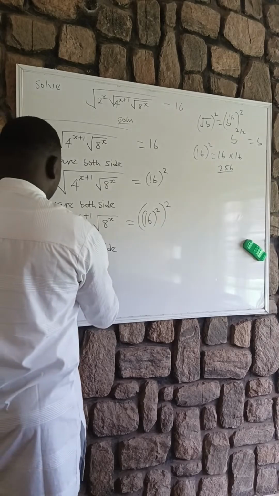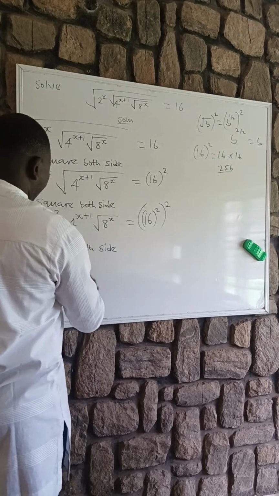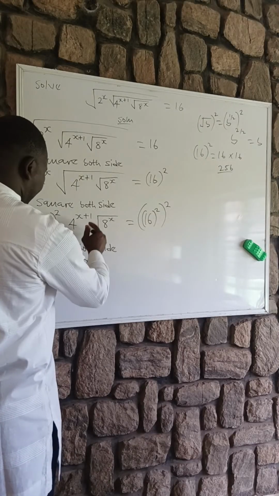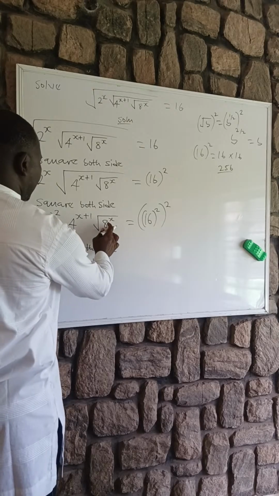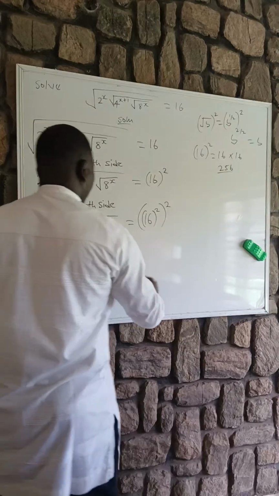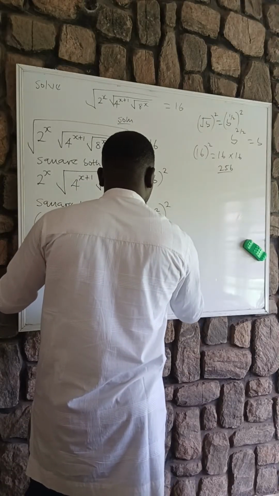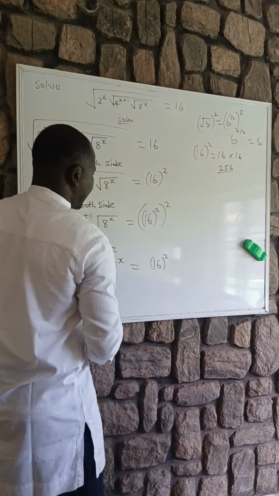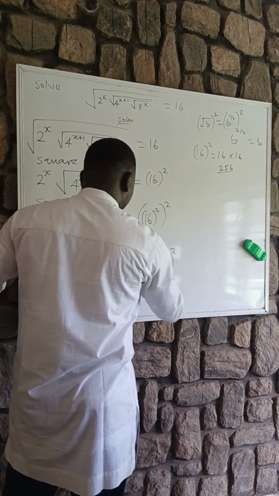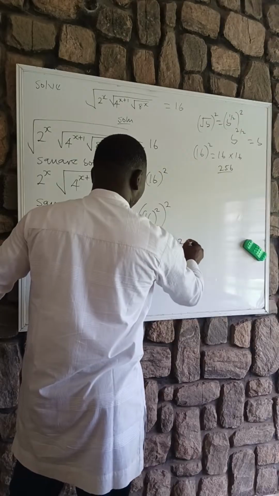Then here we are going to have times 4 raised to the power of x plus 1, all in square. Then times 8 raised to the power of x. This is equal to 16 all in square, then all in square raised to the power 2, then all in square raised to the power 2 again.